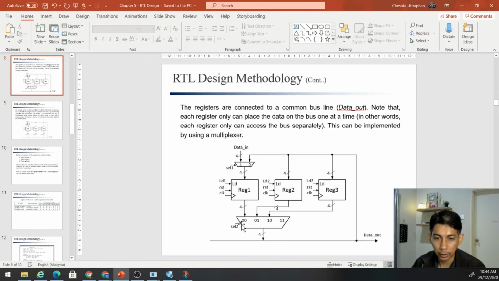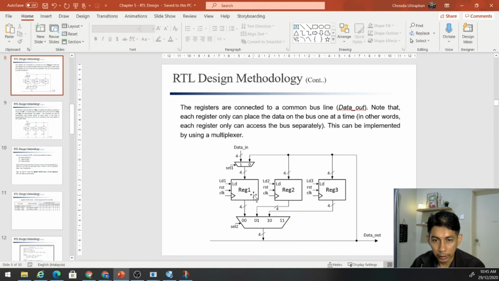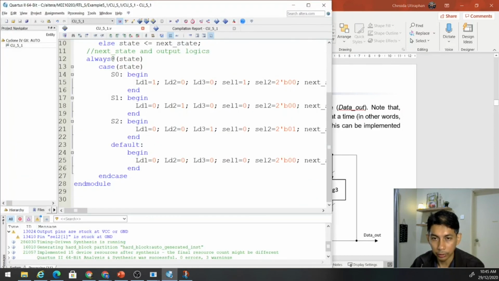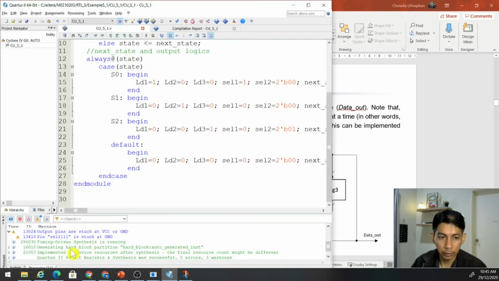So it's always 0. We never use these two, so we only have 0 0 and 0 1. We don't have any other option, because we just move the data from here to the bus, here to the bus, but not register 3 to the bus. We're not doing that. That's why we have this. Yes, this is correct, so there should be no problem. This warning is okay for us.